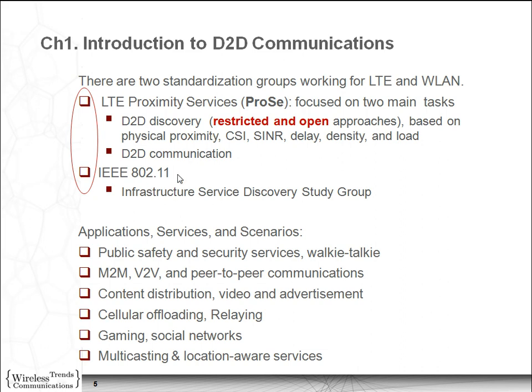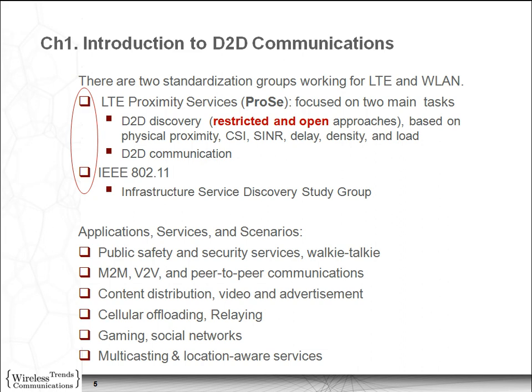So the applications that we're expecting to see are mainly in public safety and security services. So let's say that we have the office, the police department, and they need to communicate with each other, and some of the policemen are out of coverage.